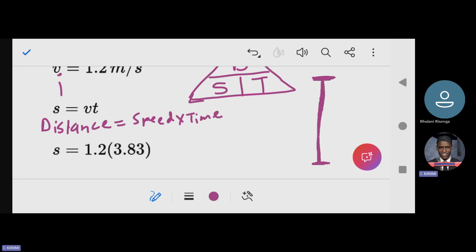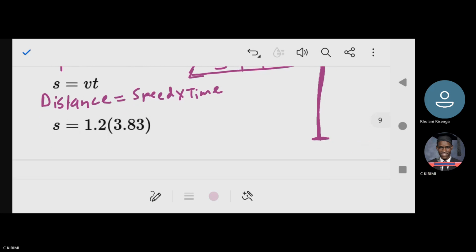We don't know where the balloon is when the ball has reached the maximum height, but we know it's after 3,83 seconds, and it's moving with a speed of 1,2 meters per second downwards. So for the distance which it traveled, we use the distance formula: distance equals speed times time.